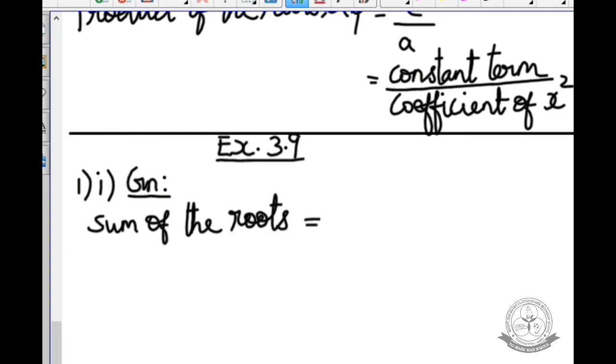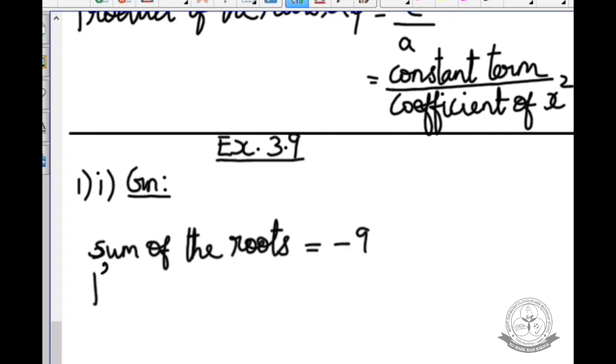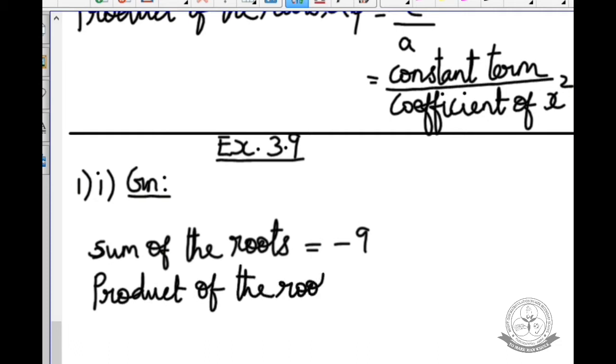Sum of the roots is given as minus 9. Product of the roots equal to 20.